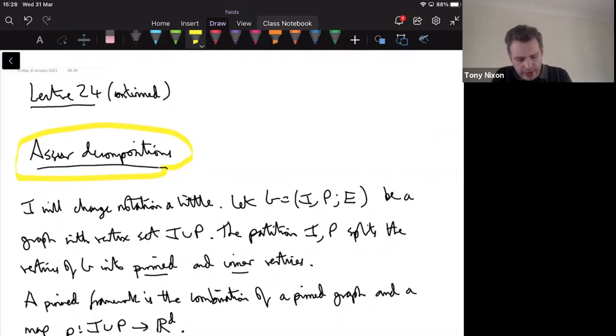So what's the idea? The idea is motivated by engineering. There was an engineer maybe 100 years ago called Leonard Assur, and in the engineering community, what I'm going to call Assur graphs are sometimes known as Assur groups. They're not groups, they're graphs, so we have to go to graphs.